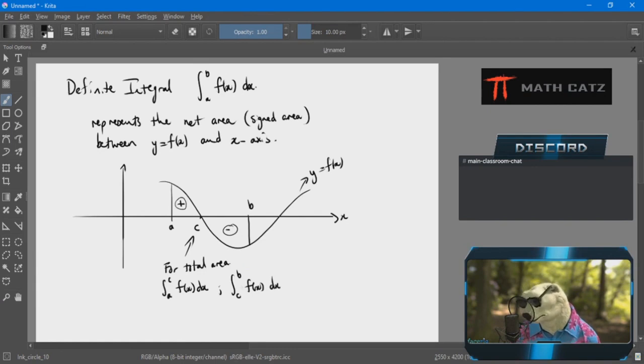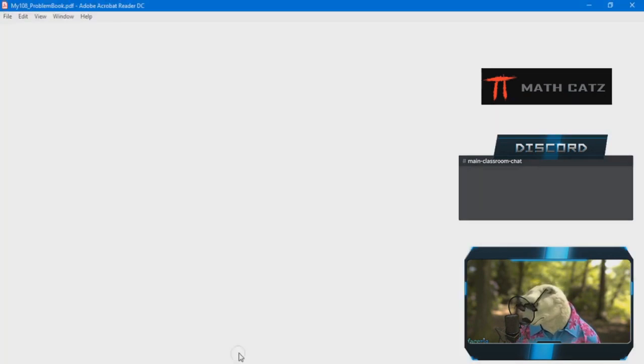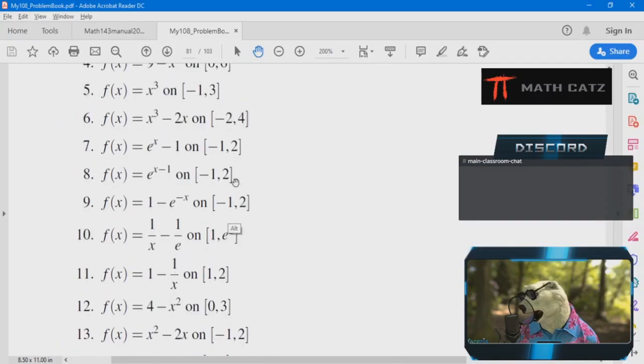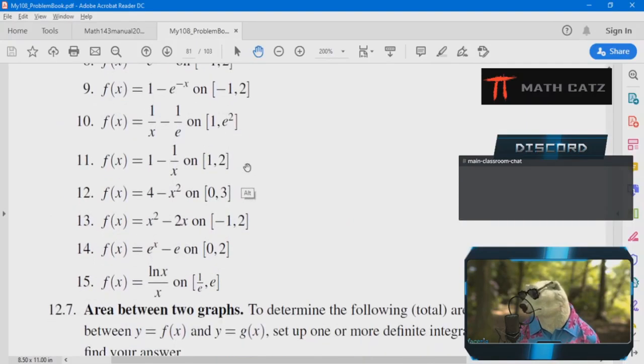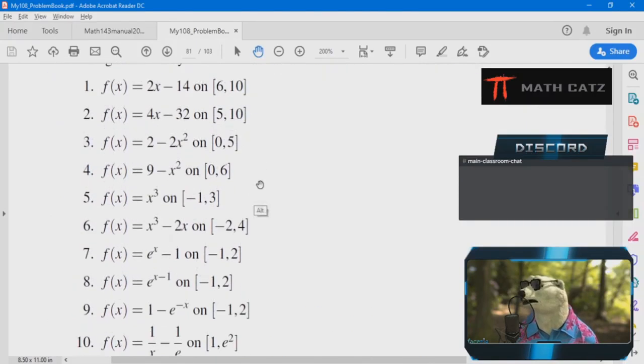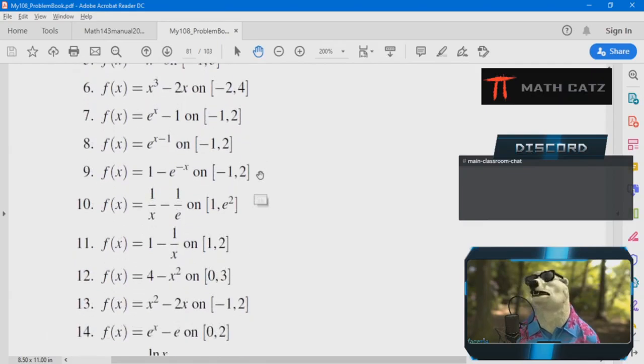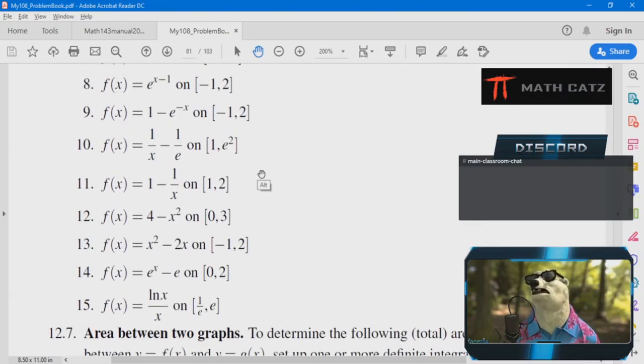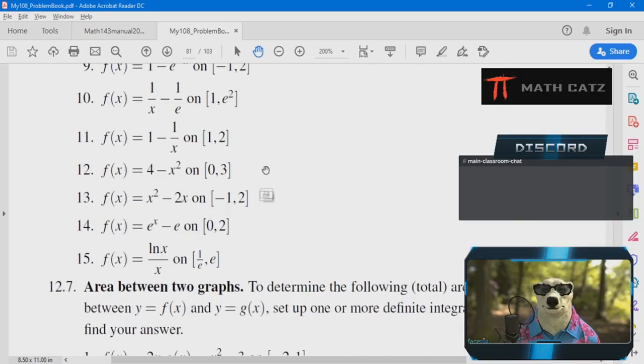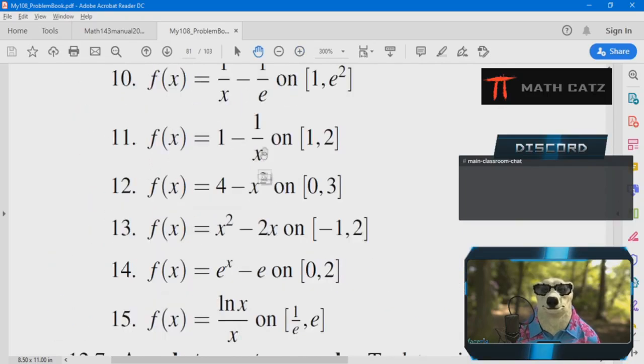So we've done some examples on this, and you're welcome to do more. I think we've done enough, but we can do one more. Let's, for example, just pick an easy one. Let's just pick number 12.